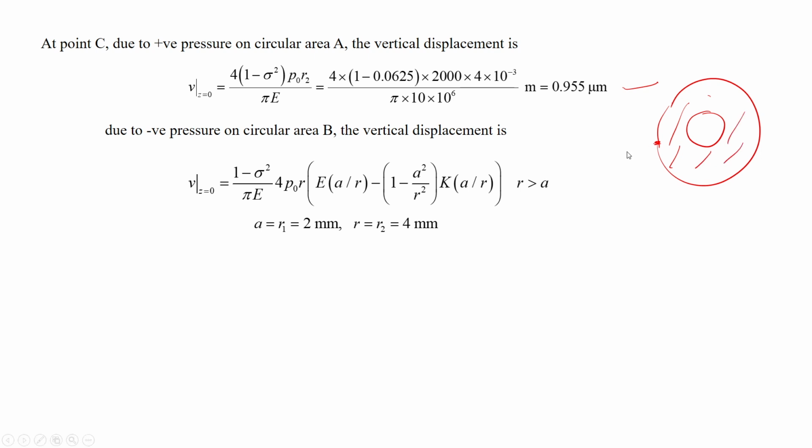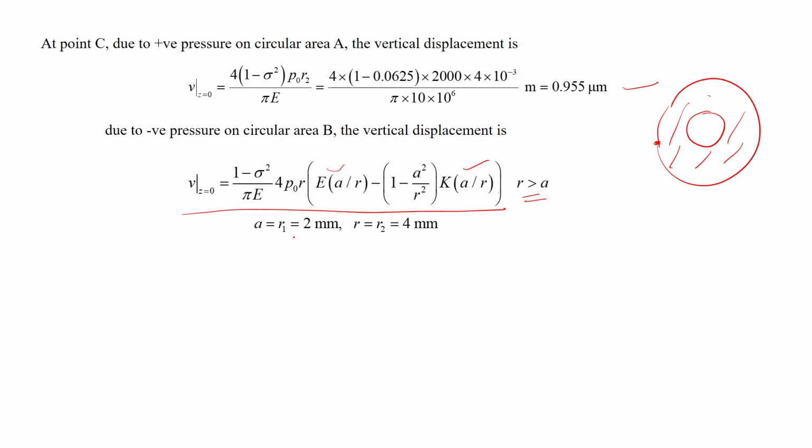So, therefore, we have to use this relation over here, which is there in the table. This is the elliptic integral of the first kind, K, and the second kind, E. These values, K of a by r and E of a by r, can be obtained, and we can substitute those values.